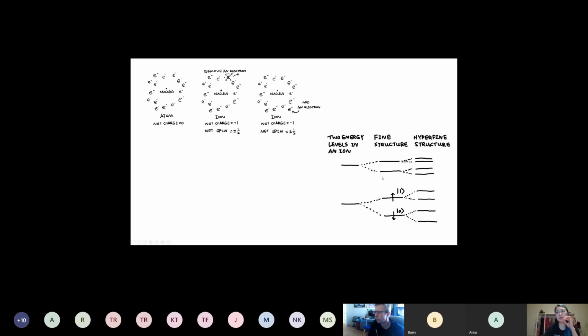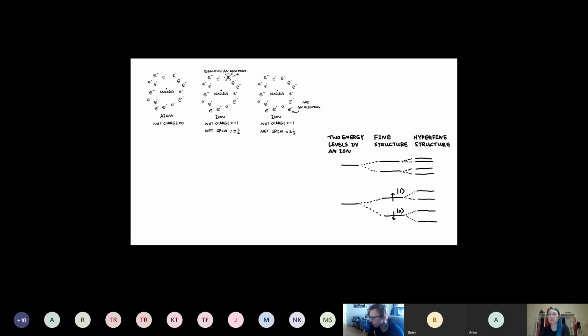It's just when there's spin of the electrons in the ion energy level, it would split further into more levels. And then there's also another splitting called hyperfine structure, which is caused by the interaction between electrons and their nucleus.